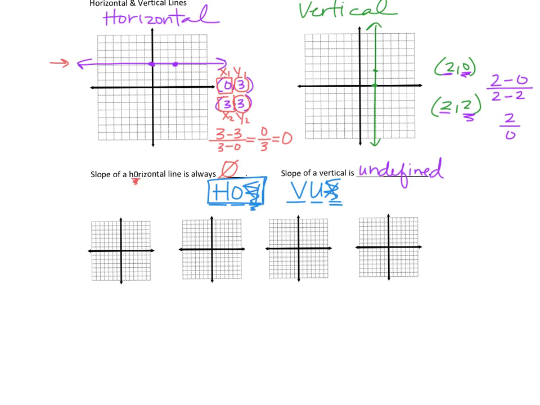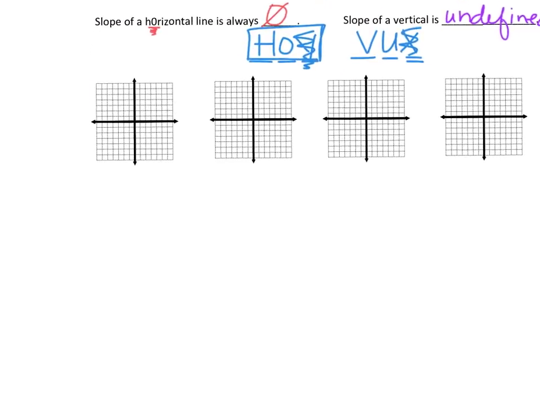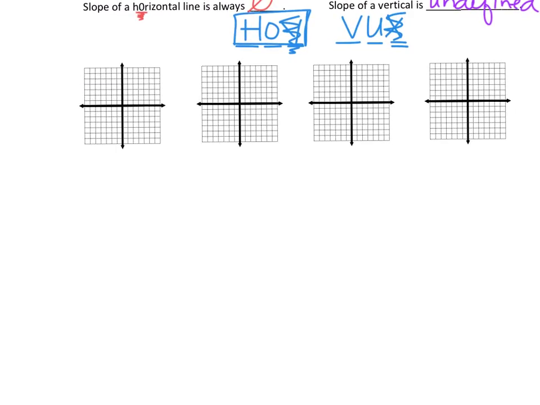Okay, last thing. I just want you to acknowledge some slopes. Let's say I give you a line that looks like this. Do you think that's a positive, negative, 0, or undefined? Positive. If it is on its way up, it's a positive slope. What is this going to be then? That's going to be a negative slope.